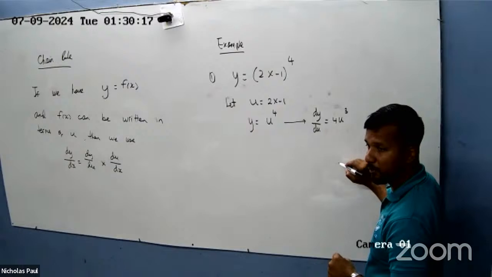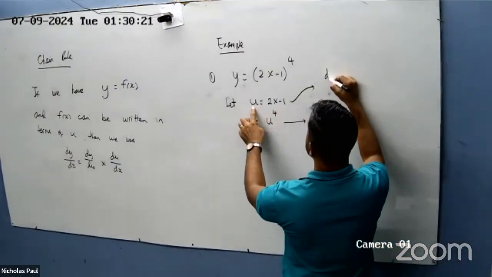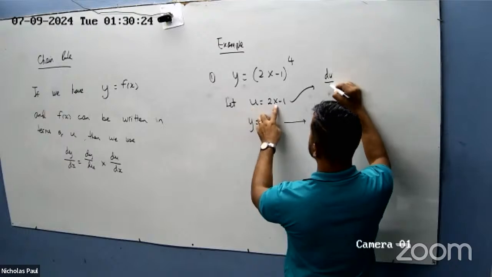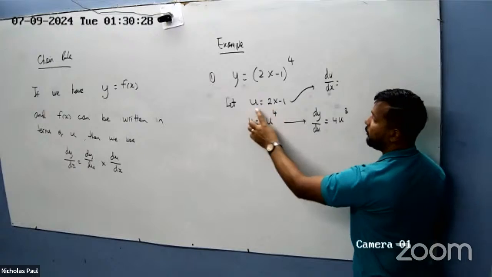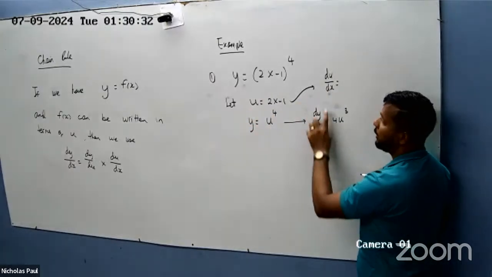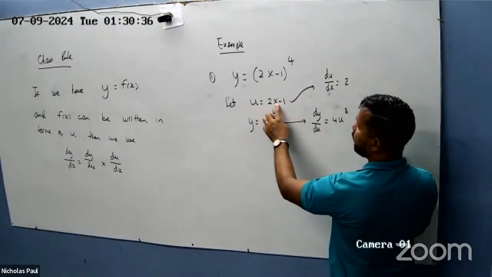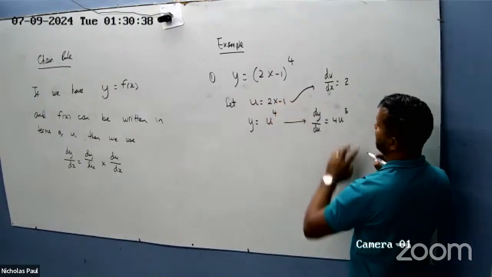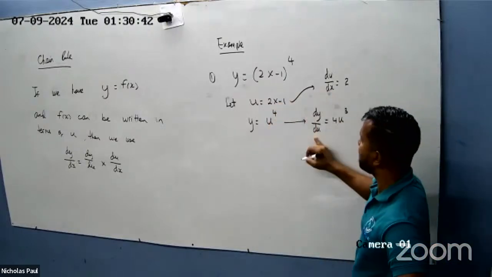And the differential of this will give me du with respect to x. So du/dx comes from here and dy/du comes from here. What's the differential of 2x minus 1? The differential of 2x is 2. Differential of minus 1 is 0. And that's it. We have du/dx, we have dy/du.